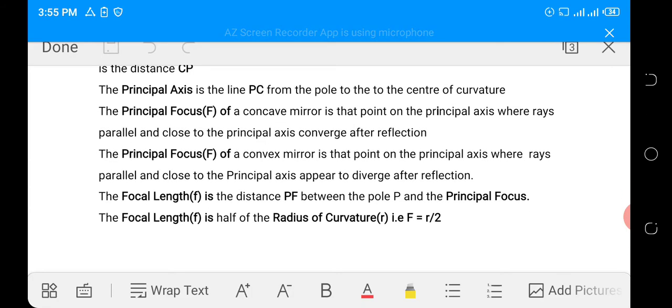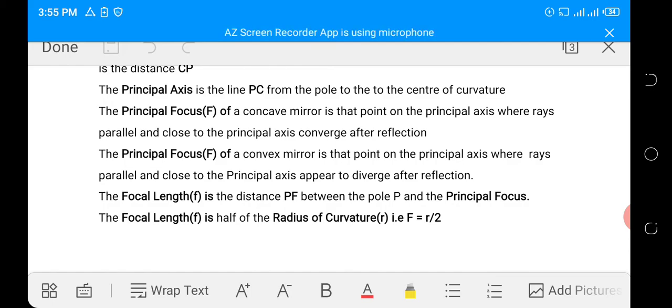But for a convex mirror, the principal focus is the point on the principal axis where all parallel rays close to the principal axis appear to diverge from after reflection from the mirror. Yes, a convex mirror has a virtual focus. So when the parallel rays of light strike the mirror, they diverge.